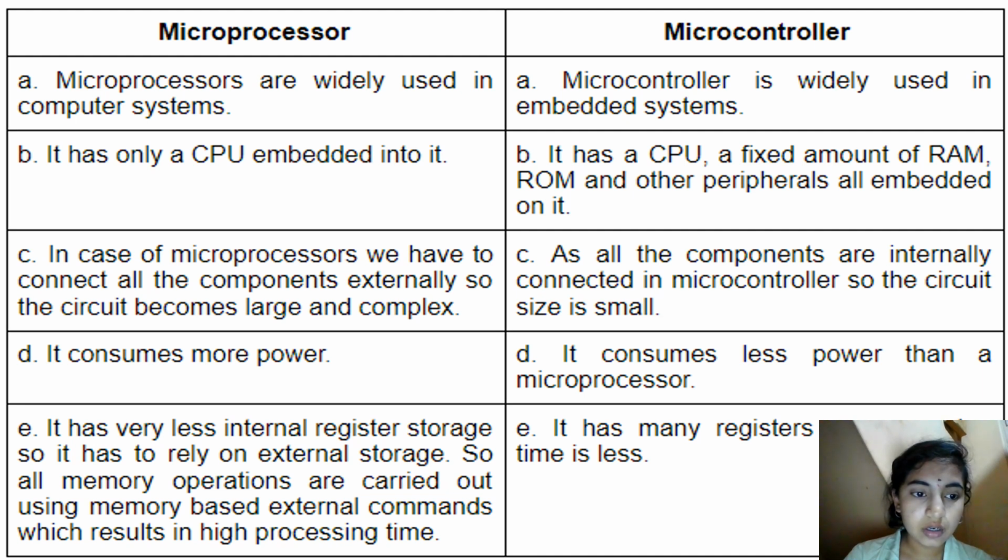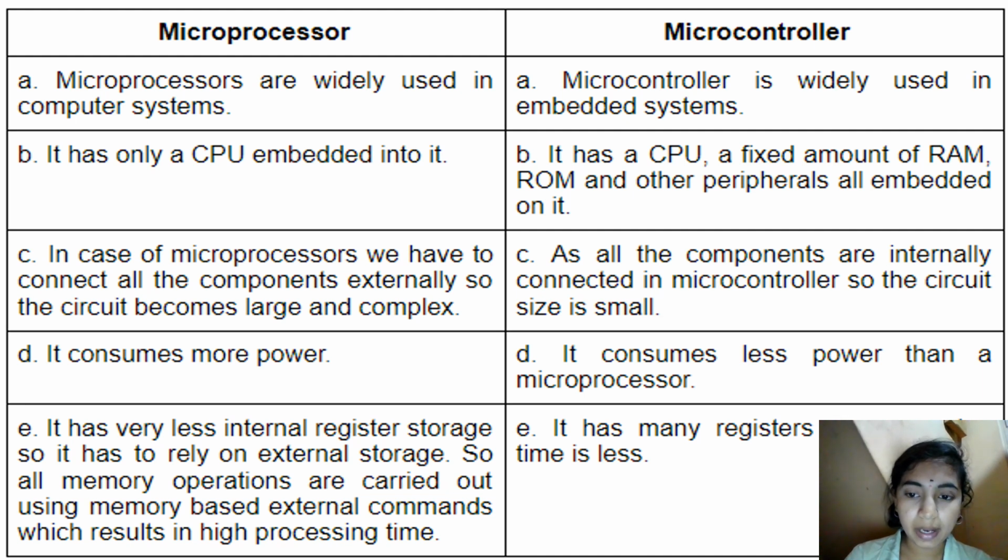So next, the microprocessor has very little internal register storage, so it has to rely on external storage. So all memory operations are carried out using memory based external commands, which results in high processing time.